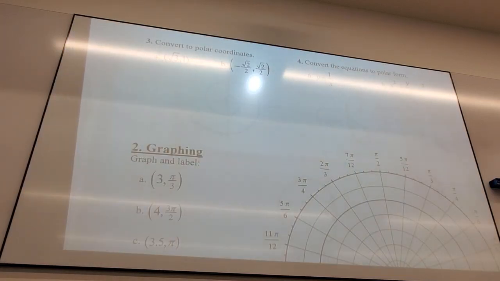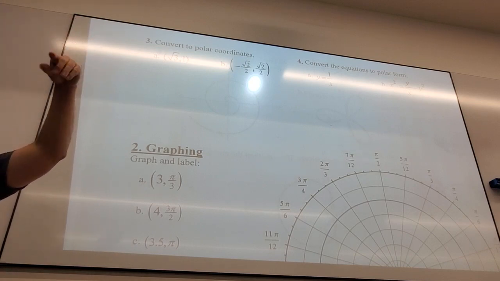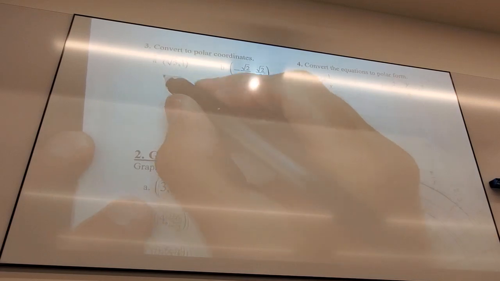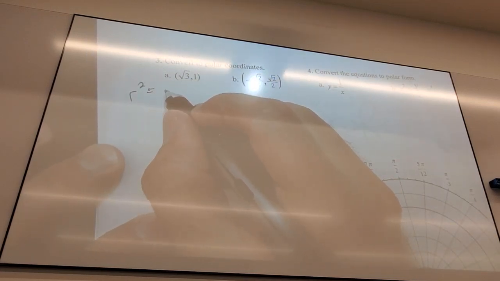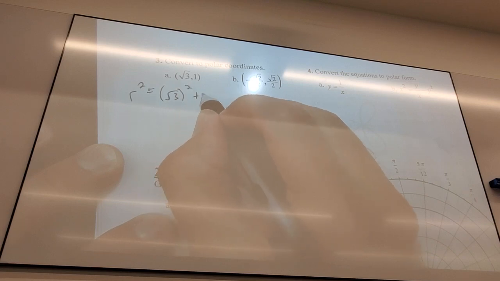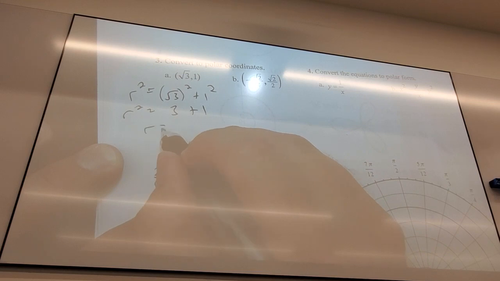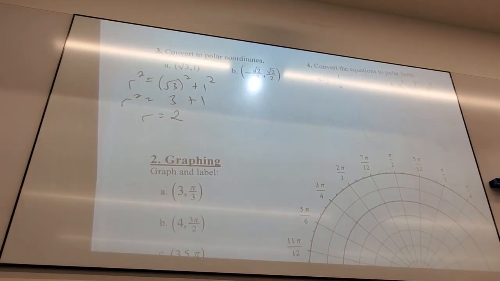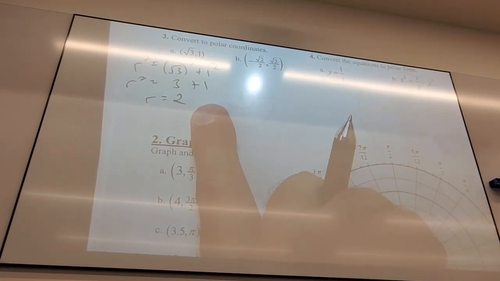Because I know the x and the y, the r is this hypotenuse, from the Pythagorean theorem: r squared is x squared plus y squared. So how would I get r then? R squared equals x squared plus y squared. R squared equals 3 plus 1. 4, square root is 2. R can be negative, but when we're doing this, we normally pick the positive one.